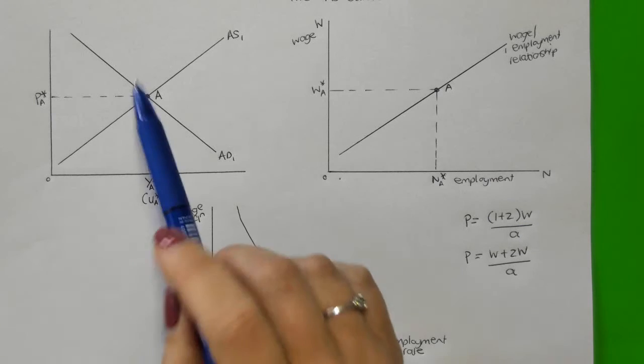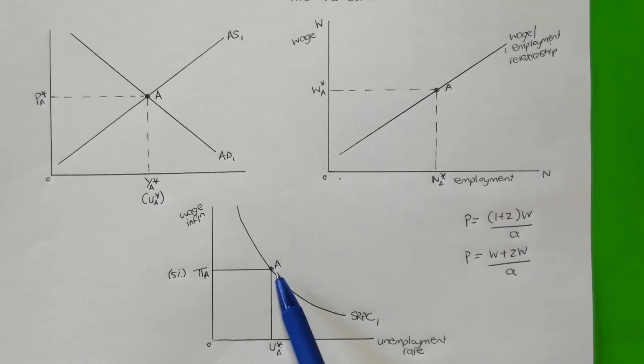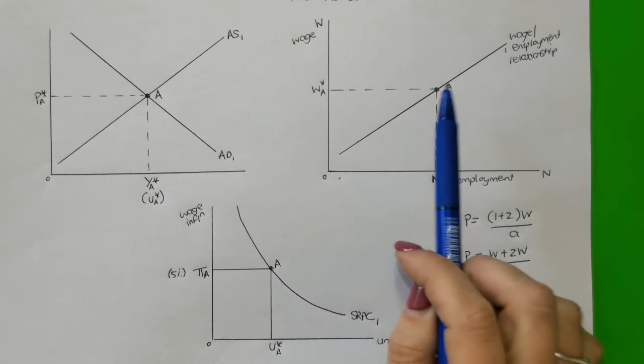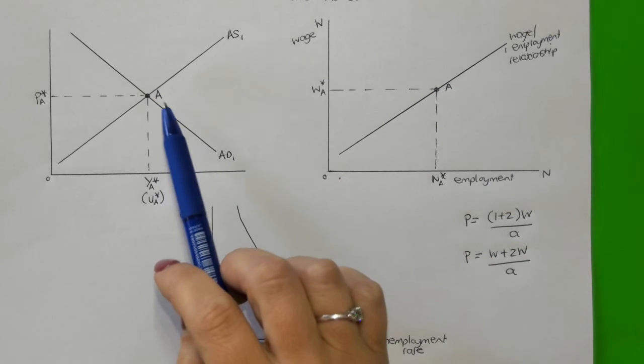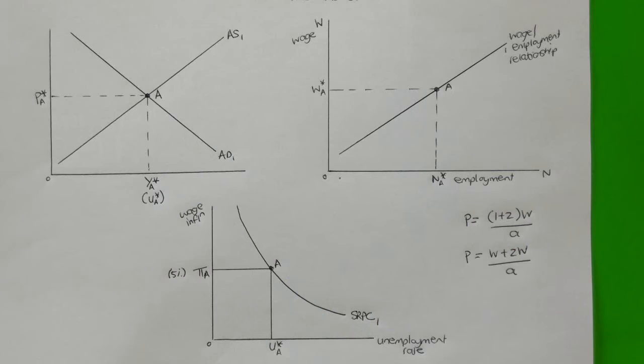What you should note is that on all 3 diagrams, I have marked off point A. The reason why it's labeled point A on all 3 diagrams is because these are measuring the existing state of affairs in an economy at a particular point in time.